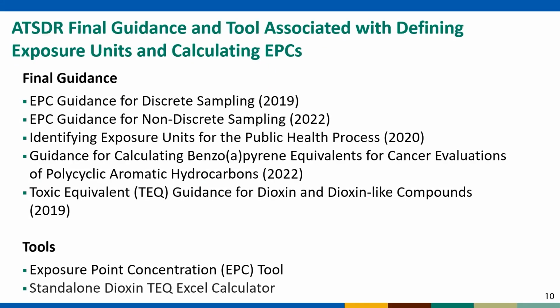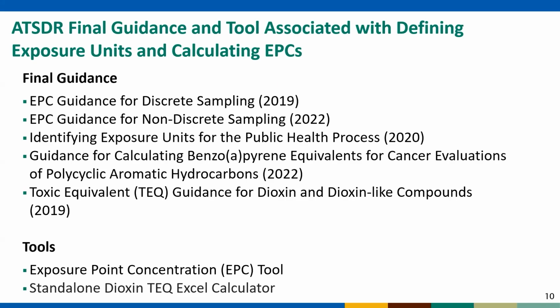The PHA Training Module 7 covers concepts related to EPCs and exposure units in two primers embedded in Module 7. Many guidance documents and tools are located on the resource pages of the Public Health Assessment Guidance Manual, or PHAGM, and the Public Health Assessment Site Tool, or FAST.